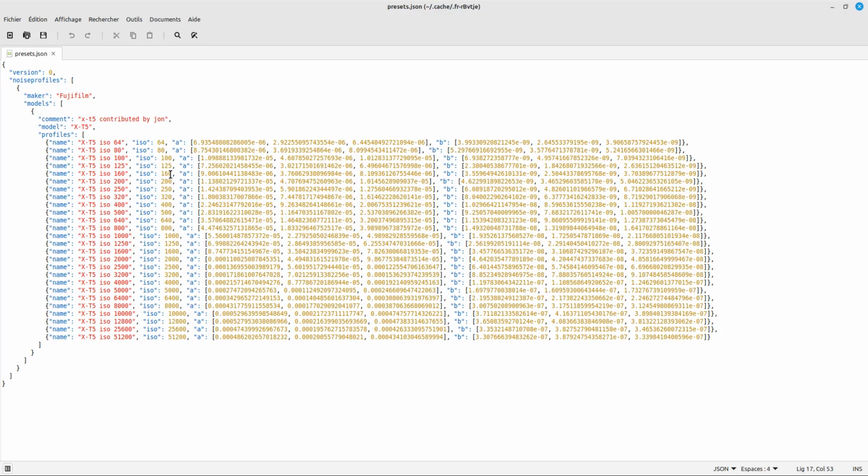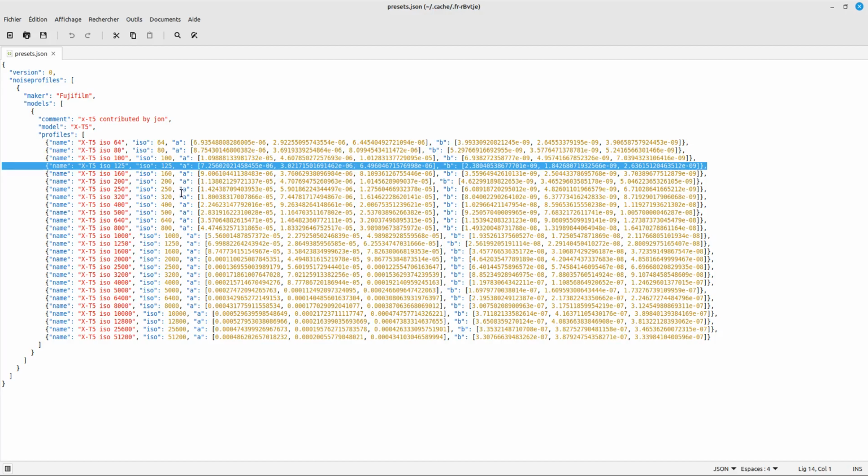What I mainly take a look at is, if I take an ISO value and double the ISO value, the A value is usually multiplied by 2 also. So for 125, I've got an A value of about 3 times 10 to the minus 6.